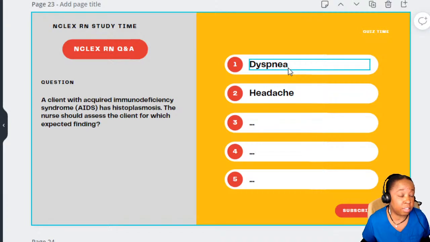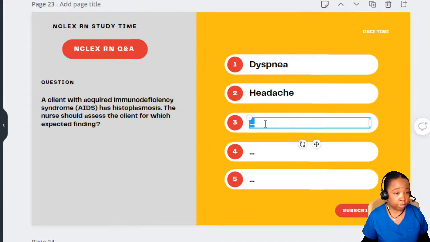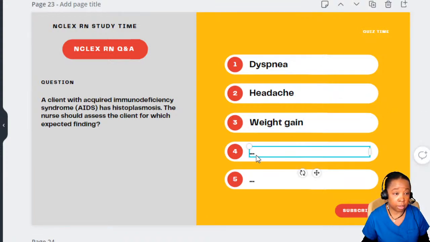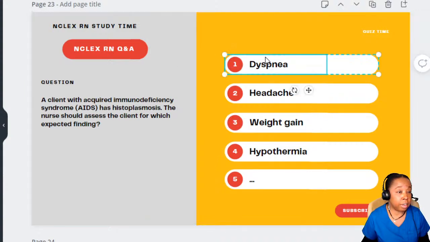The first option is dyspnea. Do you think the patient will have dyspnea? Do you think that patient will have headache? And do you think that patient will have weight gain? Or do you think the patient will have hypothermia? The answer is dyspnea. Okay?